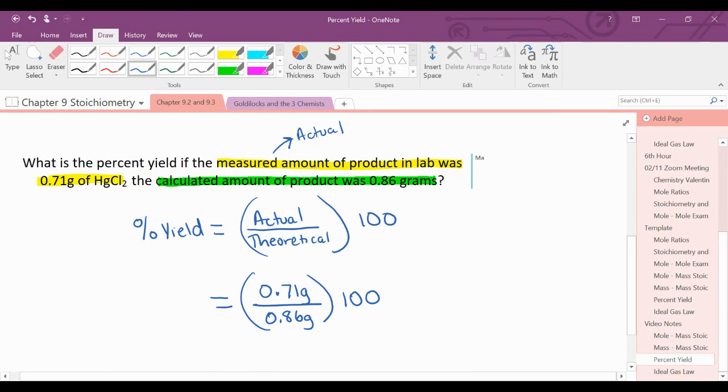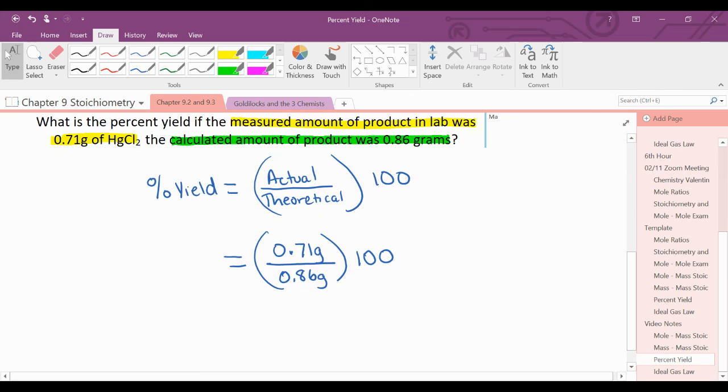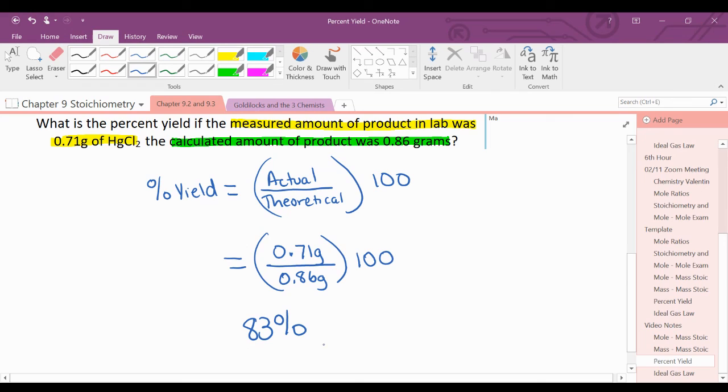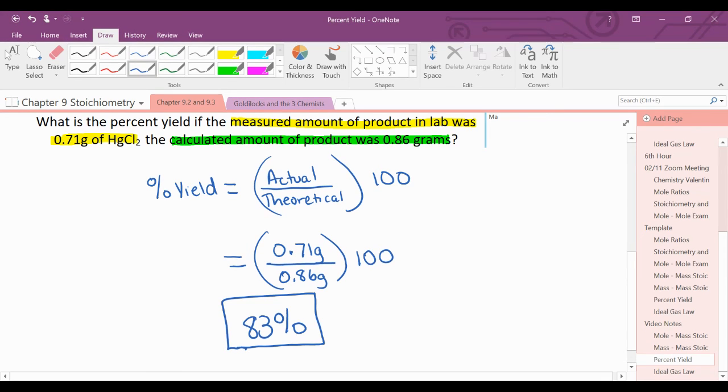Sig figs do count. You don't use the 100 to determine sig figs, but my masses each have 2 sig figs. So my answer should have 2 sig figs. It's 83%, which is not a bad percent yield.